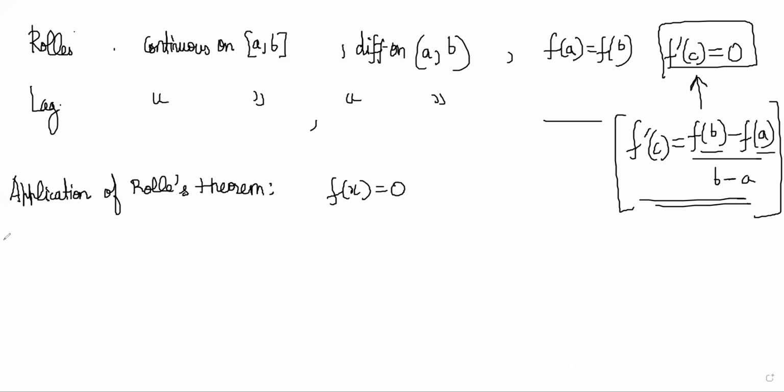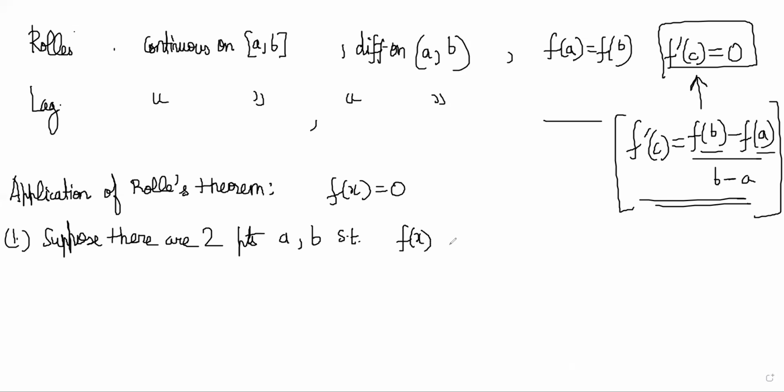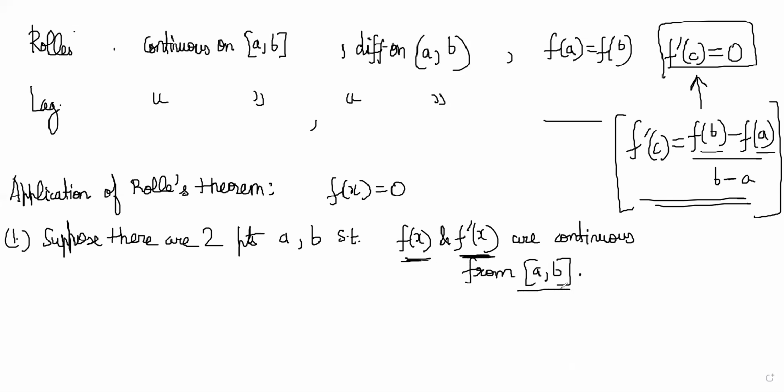So what we can say is, suppose there are 2 points A and B such that f of x and f dash x are continuous from A to B. Suppose there are 2 points where the function as well as its derivative are both continuous in that interval.